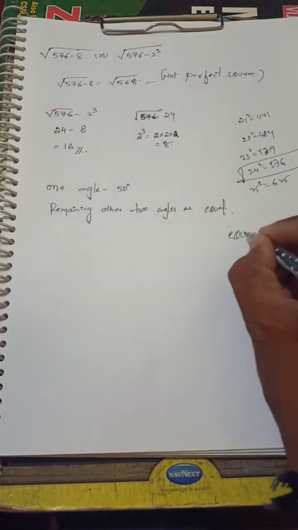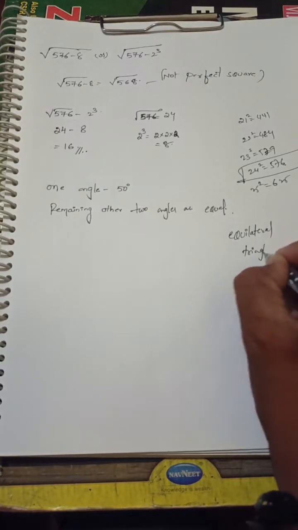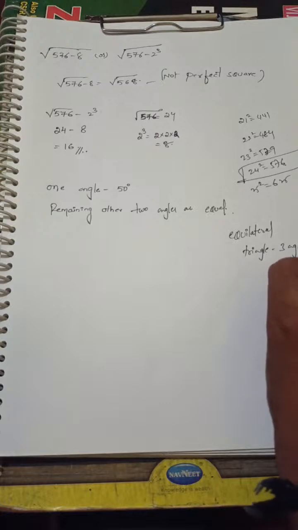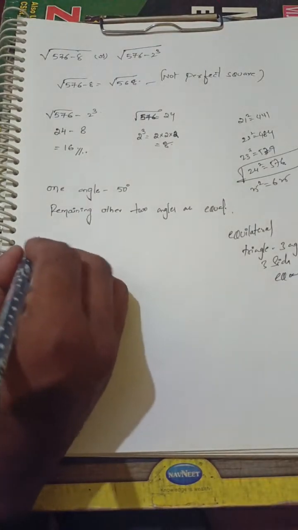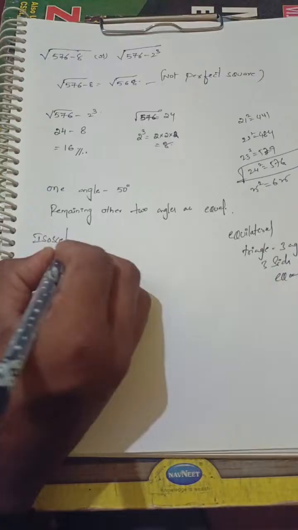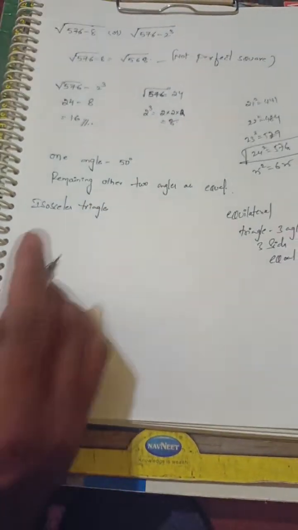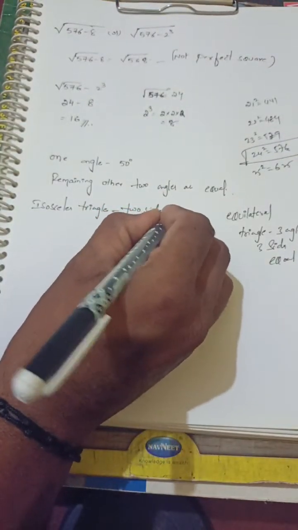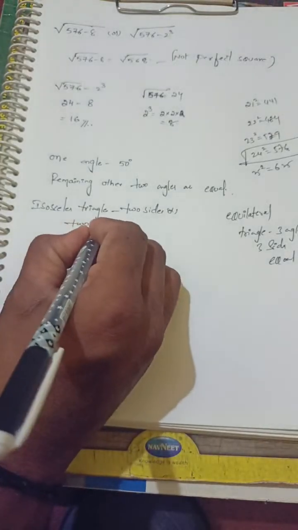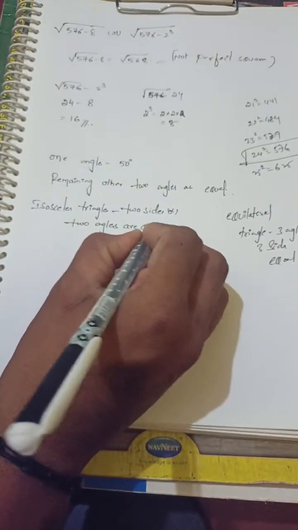In an equilateral triangle, all three sides are equal, three angles and three sides equal. In the isosceles triangle, any two sides or two angles are equal. Two sides and two angles are equal.